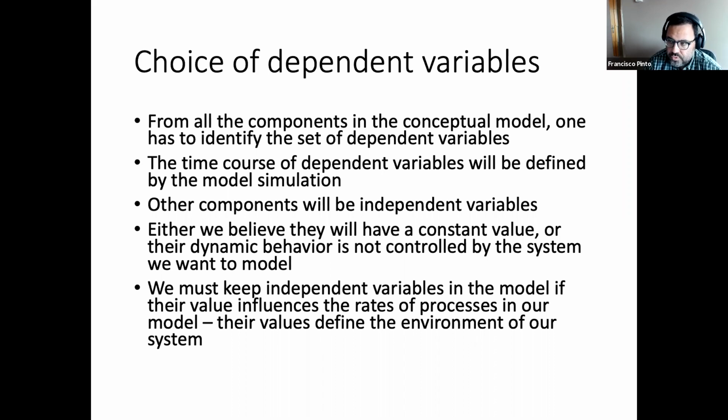And for sure, as I said, you build the model to test, even virtually or in silico, some hypotheses about the system that you want to study. And whenever you have a hypothesis, you have also independent variables and dependent variables.